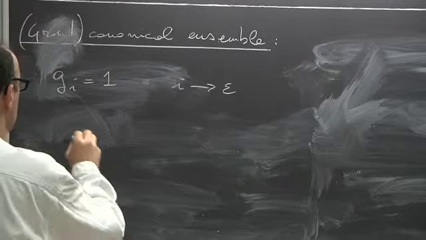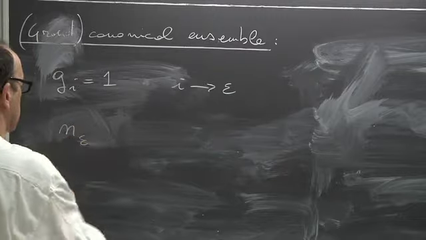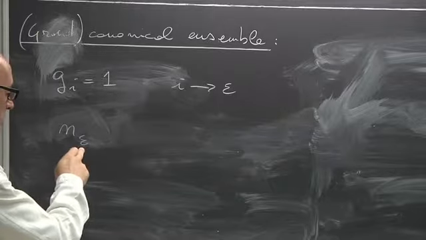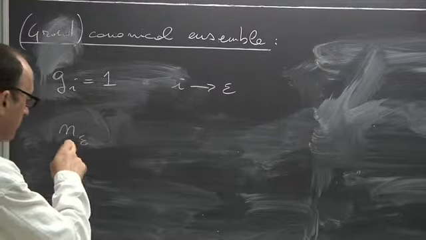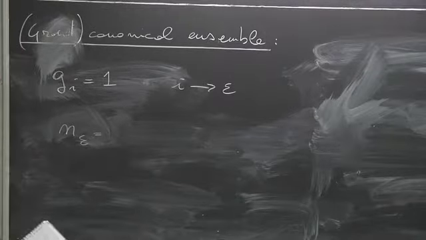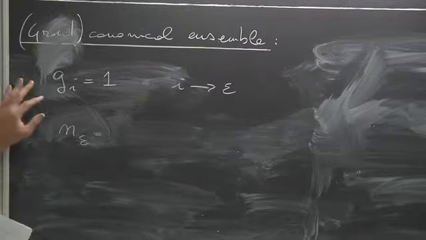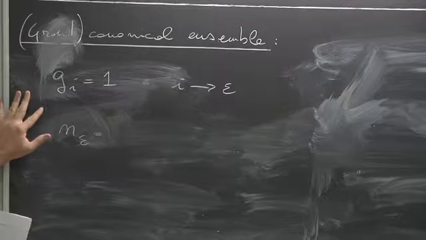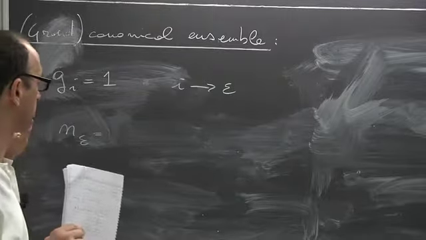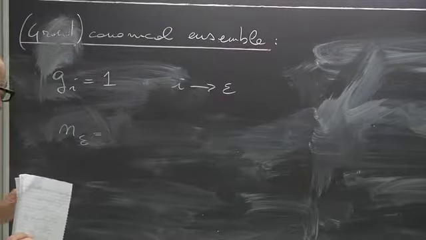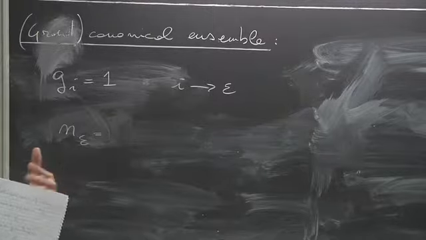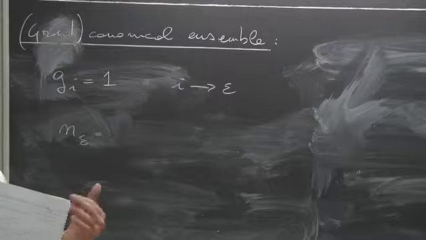Okay, so n of epsilon will be the number of particles in the level with energy epsilon. And I'm considering non-degenerate levels at this point. So this would essentially correspond to, for example, an ideal gas of spinless particles.